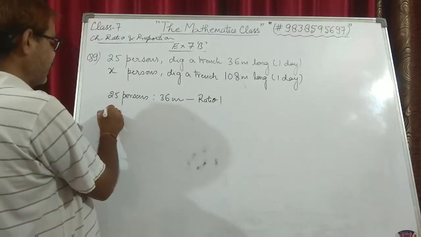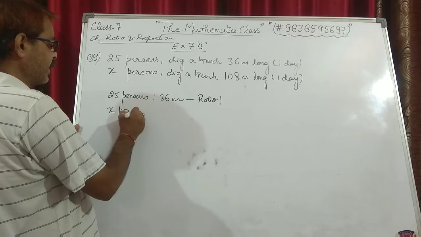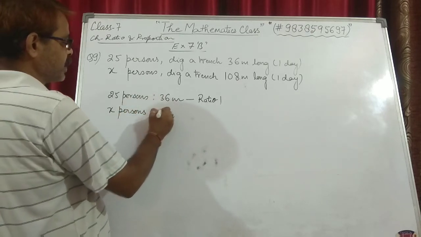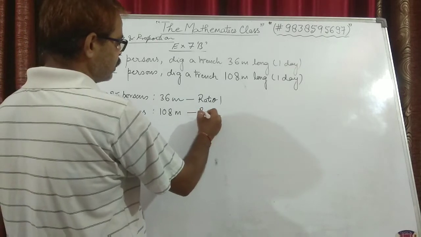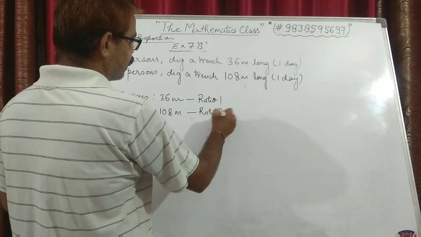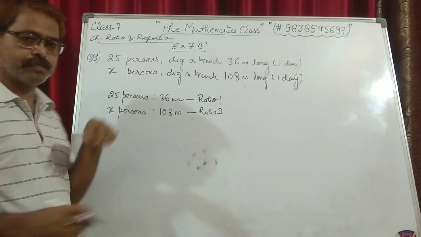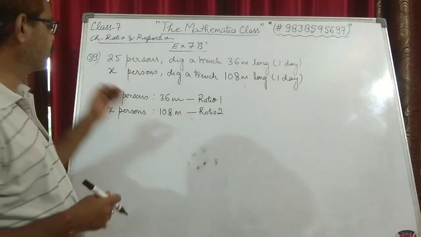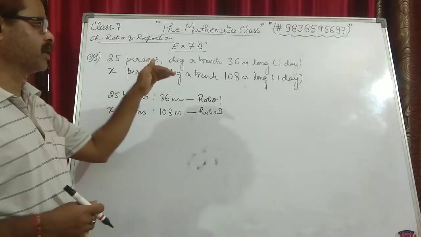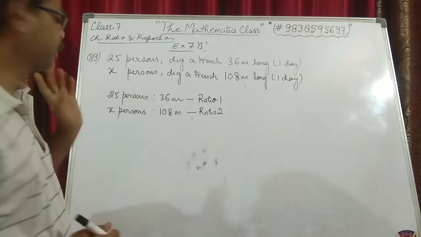Now they say x persons, we have to find how many persons. So I assumed x. So x persons have to dig 108 meters, that is the second ratio. Now if their efficiency is equal, means of all the persons, because this is a practical situation, but we will assume that every person working here has the same efficiency and everything is under standard conditions.